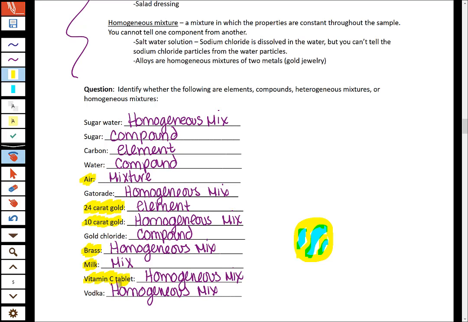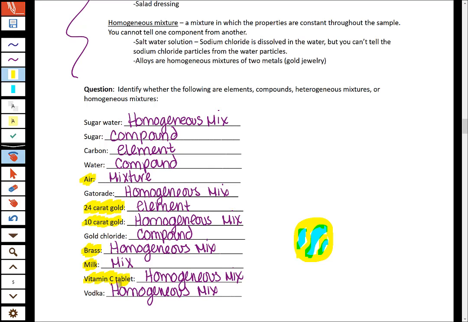And so that tablet, if it's chewable, probably contains some sugar and some other things. If it's not chewable, it contains starches as binders. So no vitamin or supplement or medicine that you take is pure. They're all mixtures.